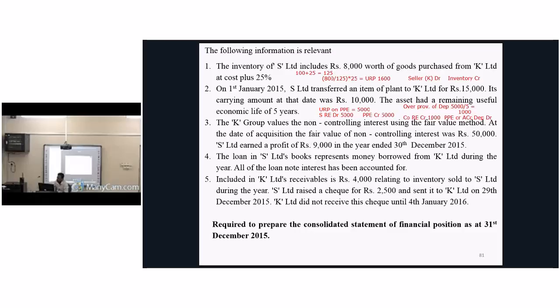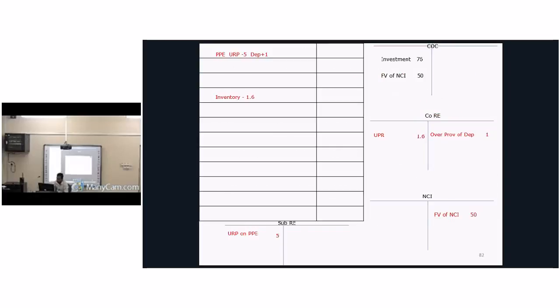Double entry for pre-acquisition profit: subsidiary's retained earnings debit 60 and credit to cost of control account.